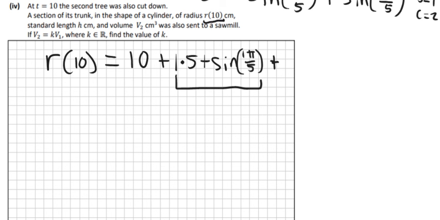and then we're going to have to find the increase for year 2 and add it on, so that would be another 1.5 plus sine 2 pi over 5.